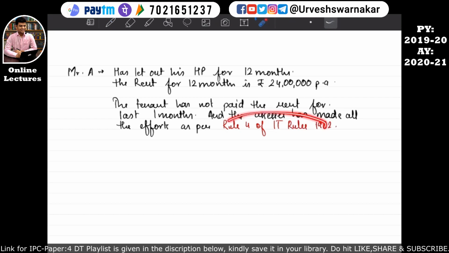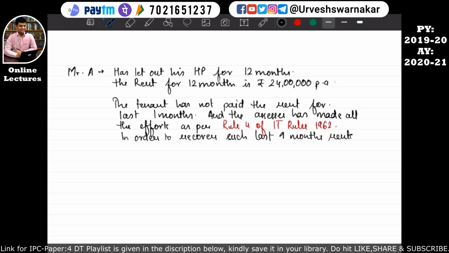So I have written this part in red. Why I have written this part in red, I'll explain to you, don't worry about that. The tenant has not paid the rent for the last 1 month and the assessee has made all the efforts as per rule 4 of Income Tax Rules 1962 in order to recover such last 1 month's rent.